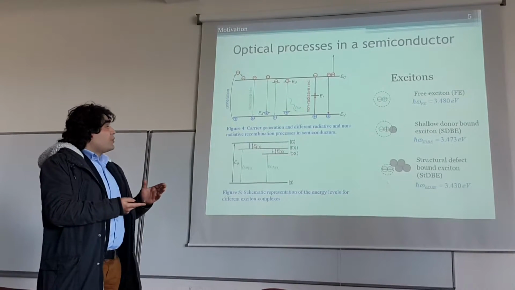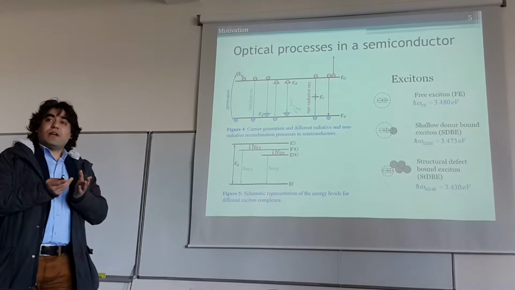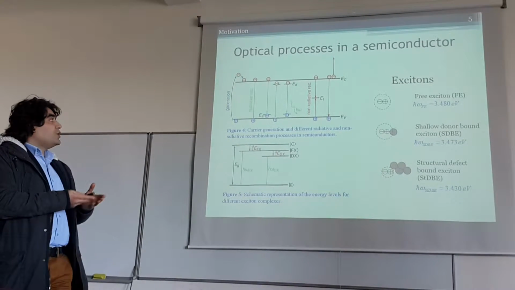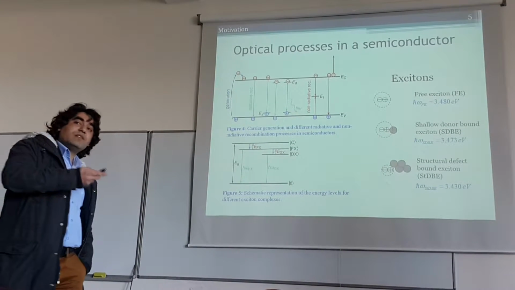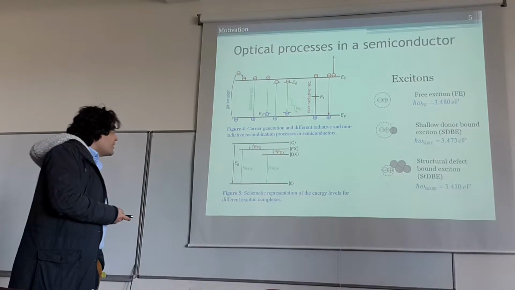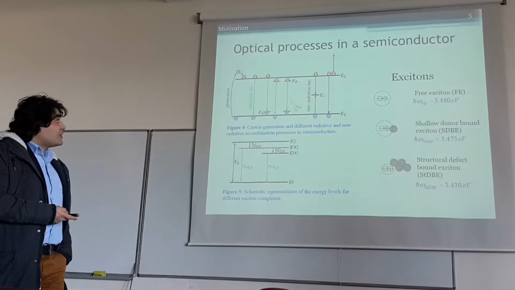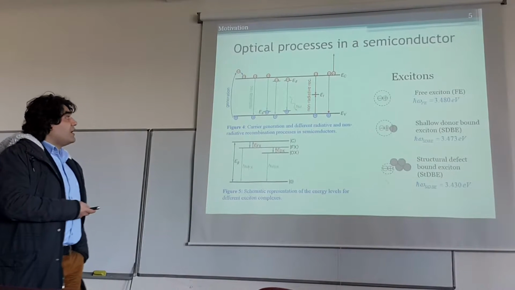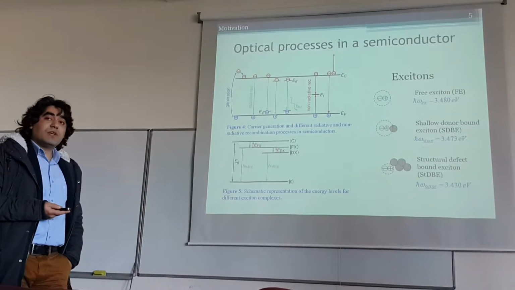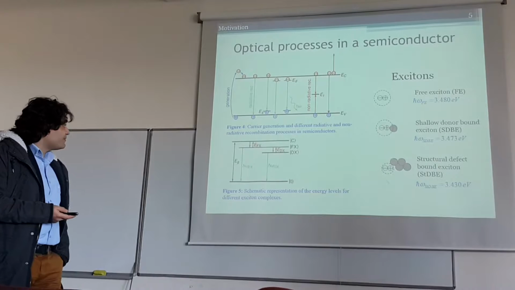So in this process, instead of giving light, that energy is used to transfer another carrier. This is another non-radiative process. This is effective at high excitation levels, at high injected current densities.